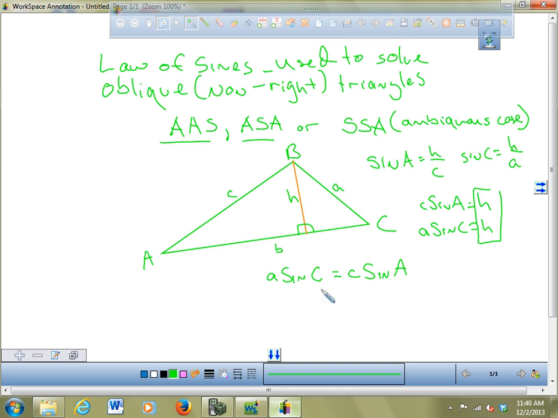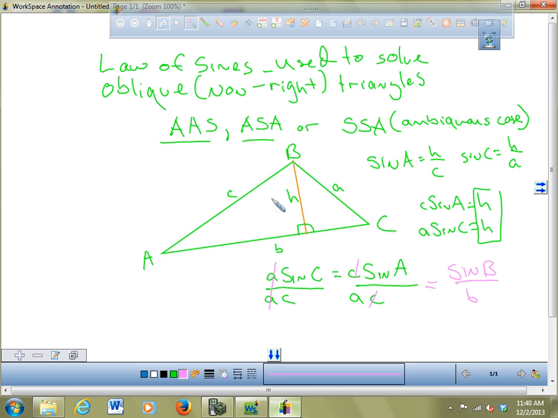And then what I could do is divide both sides by both A and C. In this case, that makes the A's go away, and in this case, that makes the C's go away. What I'm left with is two-thirds of the law of sines: the sine of C over C is equal to the sine of A over A, which, if I flip this triangle around, I could also show is equal to the sine of B over B. So that's the law of sines.